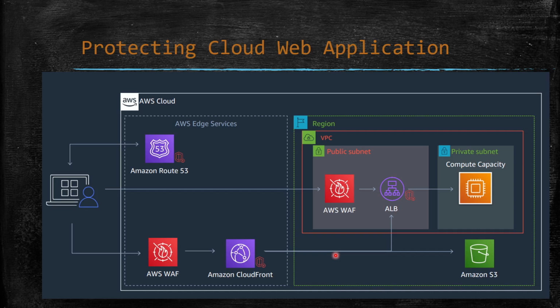This is protecting your cloud web applications. All your applications and your backend are hosted on your AWS environment, and they're published over the load balancer. So any application running on EC2 or any VMs, whether it's Fargate or ECS containers, gets published over the load balancer.